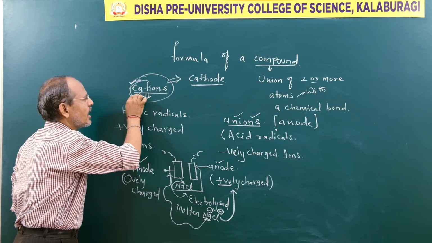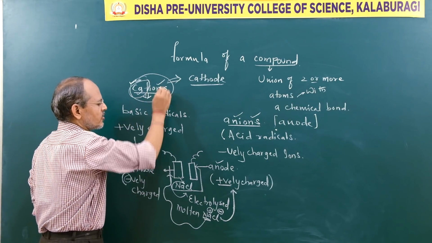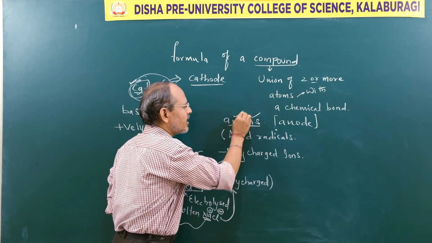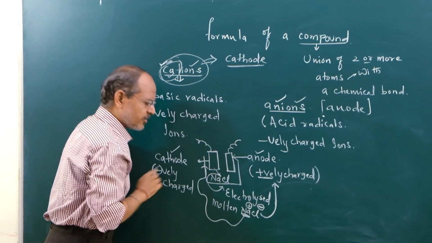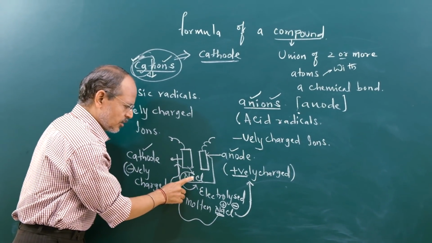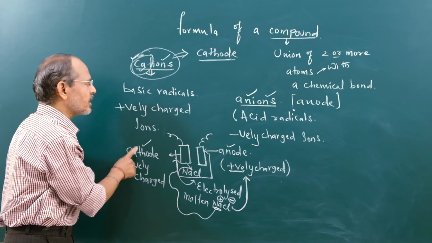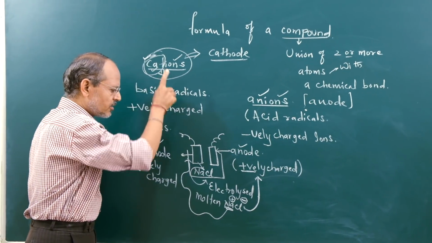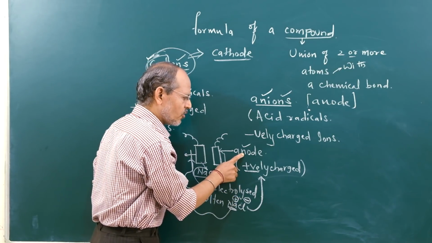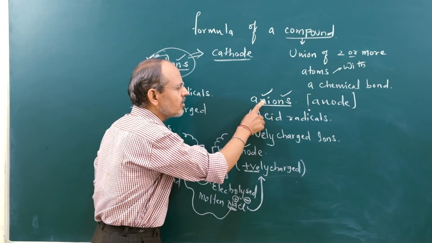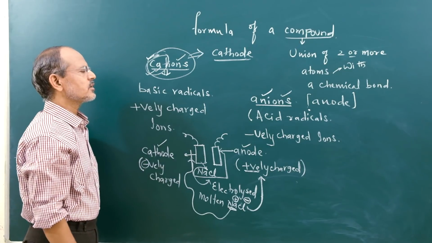So this cat refers to cathode and ions. This is an anode ion. So here during the electrolysis process, the positively charged ions are moving towards cathode, hence the name cations. The negatively charged ions are moving towards anode, hence they are called anions. That is one important point.